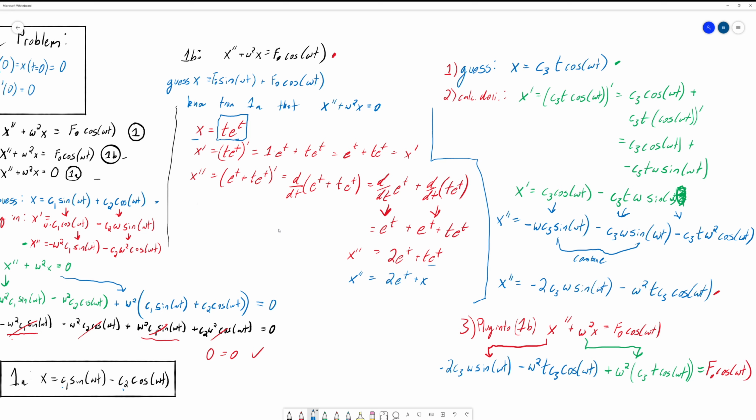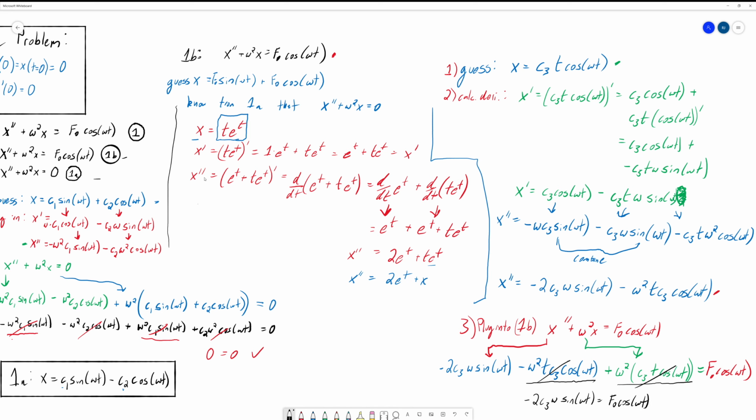Well, we have minus t c3 cosine omega t here, and here we have plus omega squared c3t cosine omega t. So these are going to cancel to 0. And we are left with minus 2 c3 times omega times sine omega t equals f naught cosine omega t.